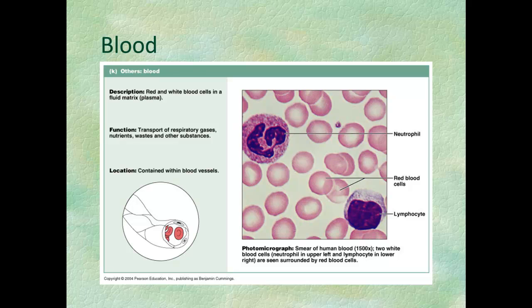Red blood cells function to carry oxygen, white blood cells function in your immune system, and you have the plasma, which makes up the ground substance in the blood, and that plasma also has different functions. It carries proteins, it carries dissolved carbon dioxide, as well as a number of other functions. So blood is technically a connective tissue, although we don't often refer to it as such.